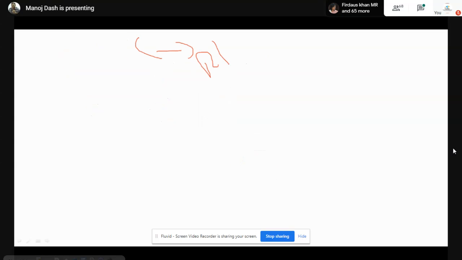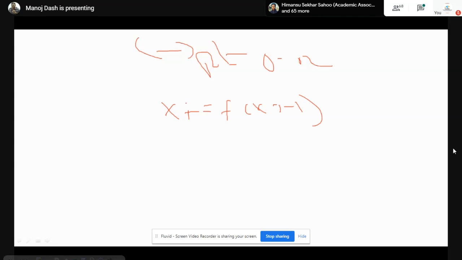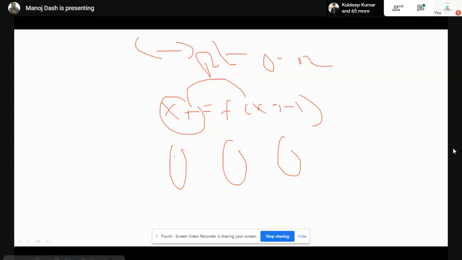In time series, R square may be even 0.02 also. Clear? Because your xt depends upon xt minus 1. There may be autocorrelation. I will explain the concept of autocorrelation when that is the case. But here, since it is independent of all the observations, I want the maximum variance to be captured by the model. Clear?